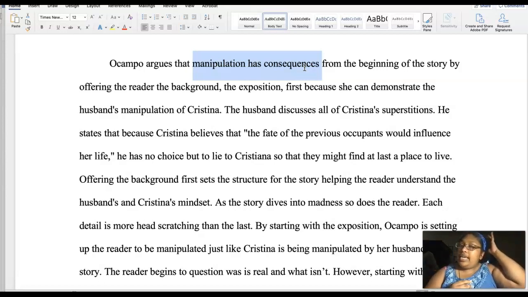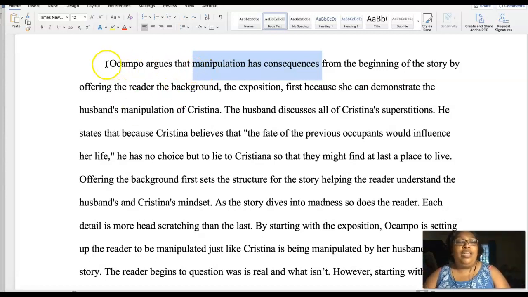Her argument was something along the lines of manipulation has many consequences, or has unregrettable consequences, or something like that. It was arguable, and it was short, and it had hit all the criteria, so she didn't get a ding for her argument.